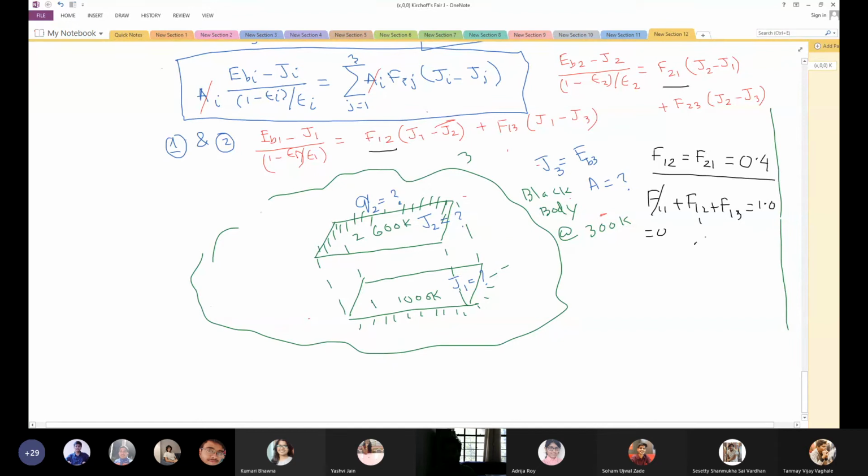F12 is 0.4, so that gives F13 equals 0.6. And F13 and F23 have to be symmetric because this is a large surface far away. So from symmetry, we can approximately say that F13 equals F23 equals 0.6. Just make sure that you understand how we get the view factors.